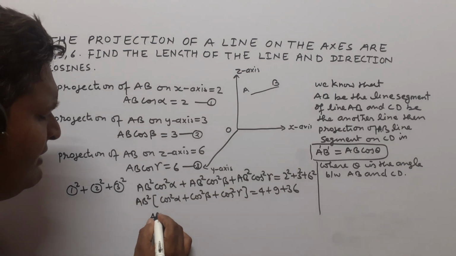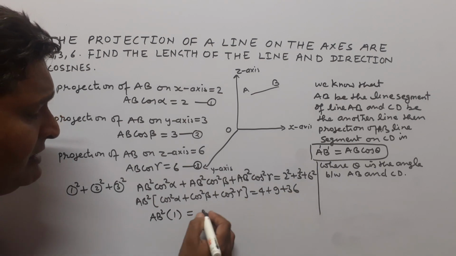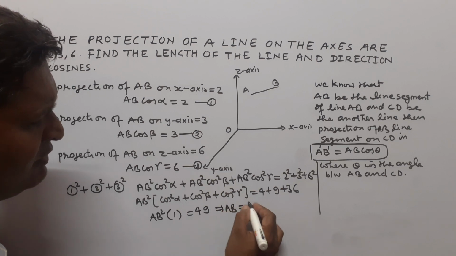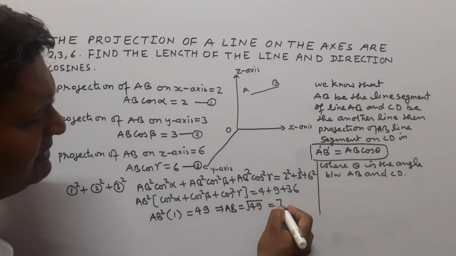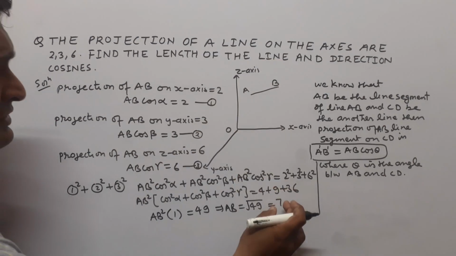So here we write AB square times 1 is equal to 36 plus 4 plus 9, this is 49. So AB is equal to square root of 49, that is 7. So the length of this line AB is 7.